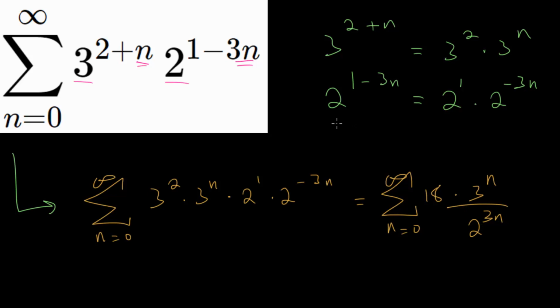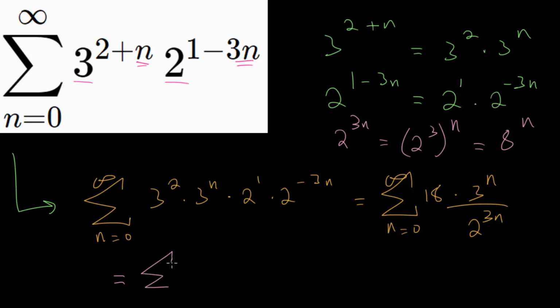Since we know that when we have an exponent to an exponent, the exponents multiply. Or if we go in reverse, if we have multiplication, we can write this as an exponent to an exponent. And of course, we know that 2 to the third power is just 8. So this can be rewritten as 8 to the n.